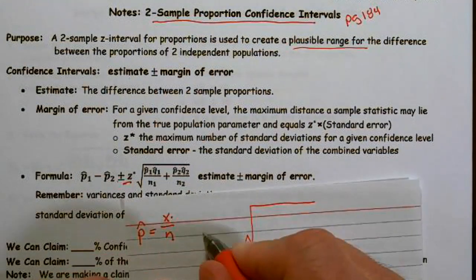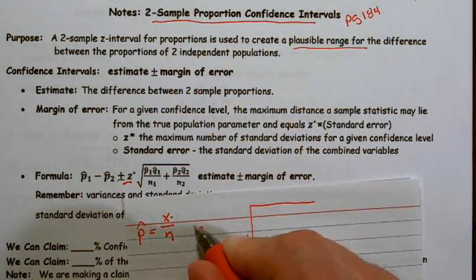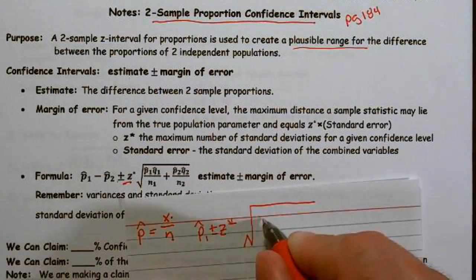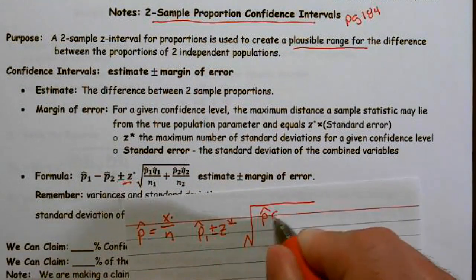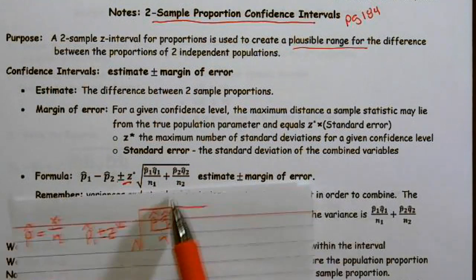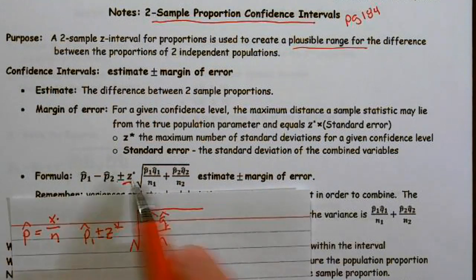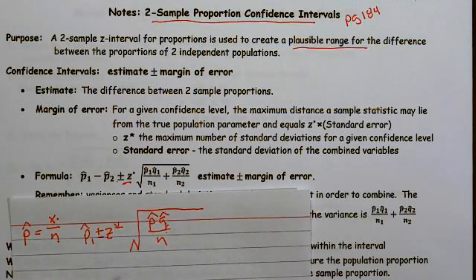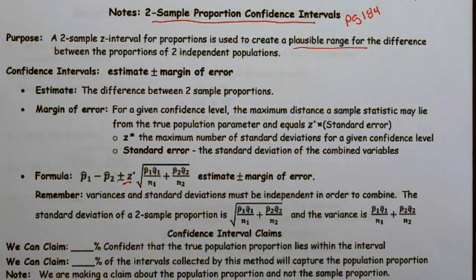That formula was P hat, we only had one, plus or minus Z star times the square root of P hat Q hat over N. This looks almost exactly the same, except because we have two proportions, we have to have two of these underneath the radical.